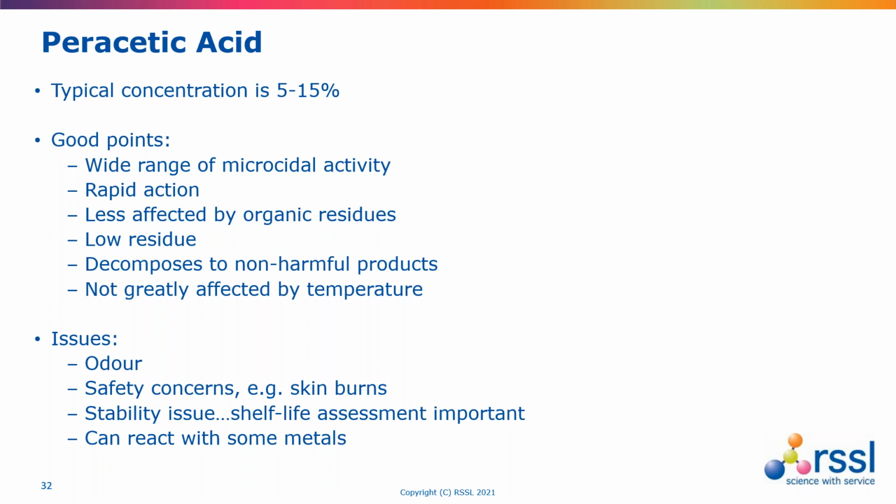But it can be deactivated in terms of variations to pH, and it does produce a very, very strong odor that some people find overpowering. At its best, it's strong vinegar. At its worst, it's incredibly pungent and does burn the skin if it gets on the operator.